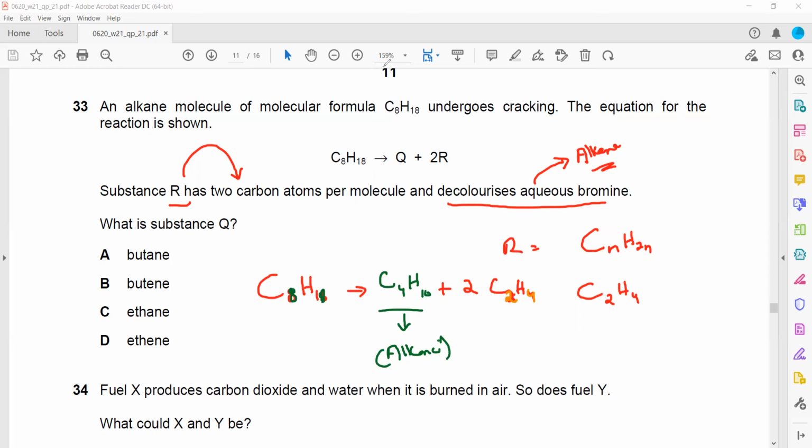Because 4 carbon atoms are there, the prefix we use for 4 carbon atoms is but, and because they have single bonds, it will be butane. So Q is actually butane. From the first information, we worked out the formula of R, and using the formula of R, as this equation is for cracking, we worked out the formula for Q.